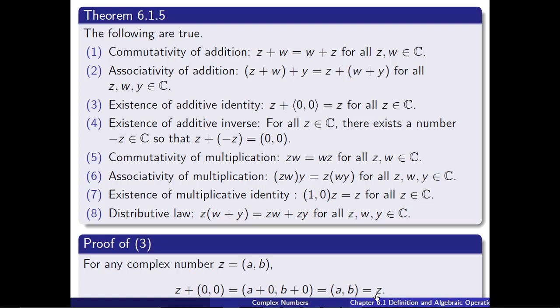And so therefore, by the definition of an additive identity, it means that (0, 0) is the additive identity of the set of complex numbers, right?